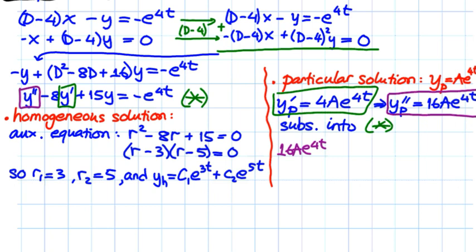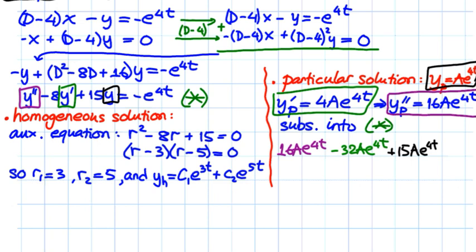Notice that we have the negative 8, so that gives us negative 32a e to the 4t, and then just the function but times 15, so plus 15a e to the 4t.